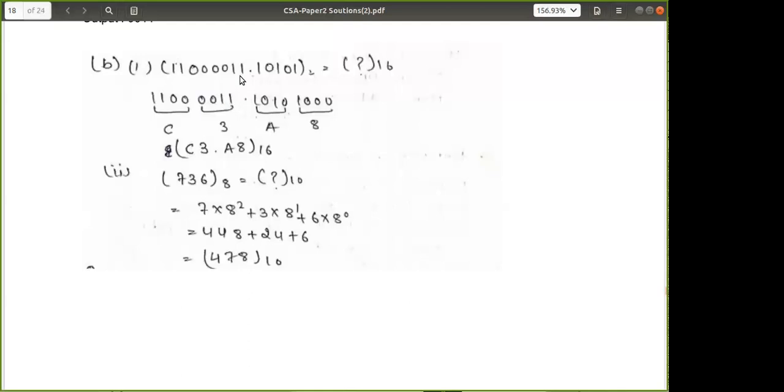We start from the left side: 11000011, and now we start with 1010 and then 1. After that we append 3 zeros because we need 4 bits.